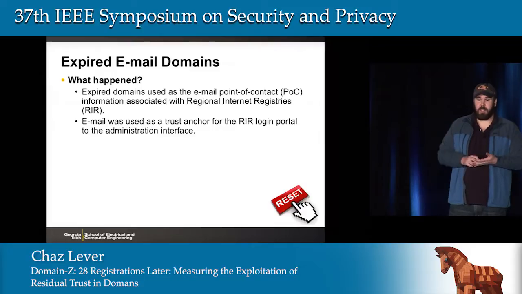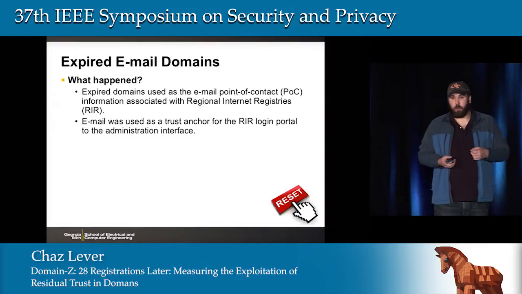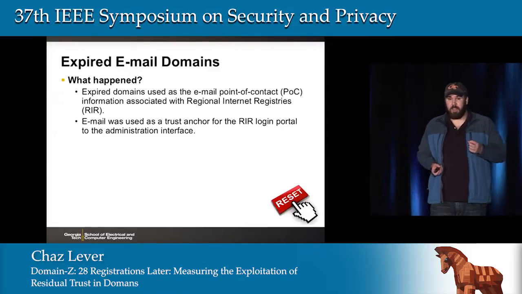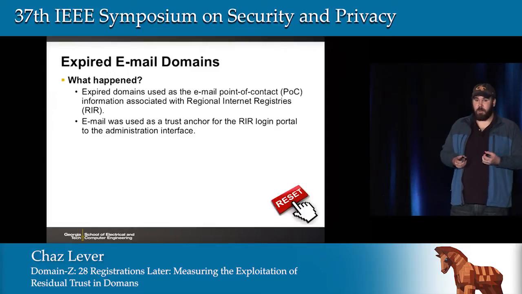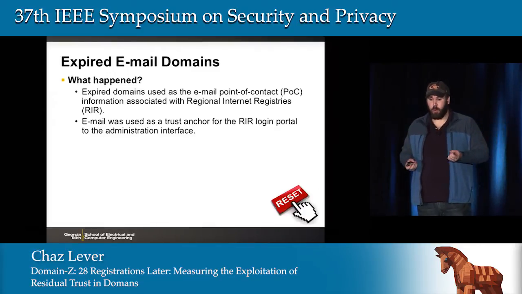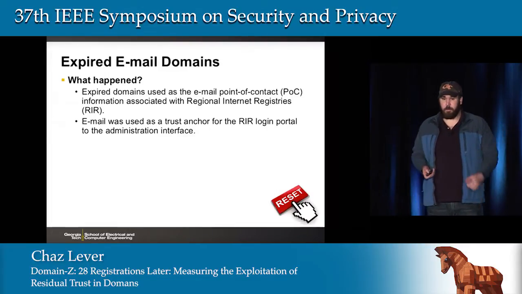So we also see a case where we looked at the email addresses used as the point of contact information for regional internet registries. And these email addresses were actually being used as trust anchors. And what I mean by that is they were being used to verify that you were who you said you were, so you could log into the login portal and administer the CIDRs that you had control of.